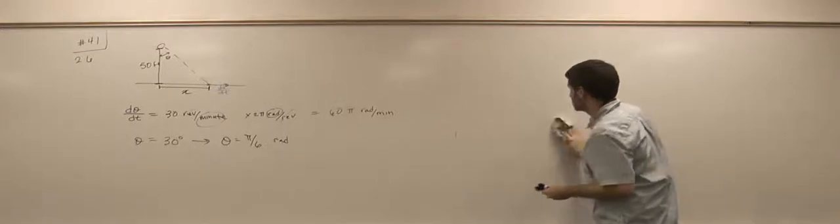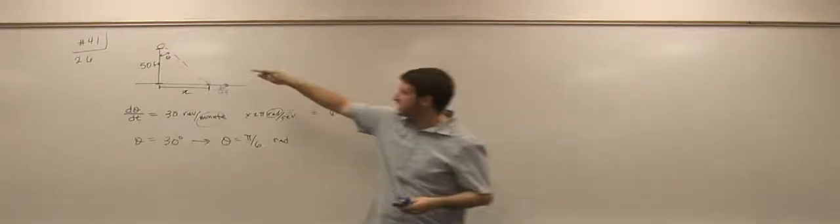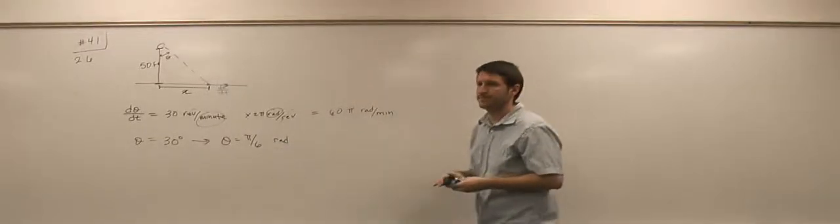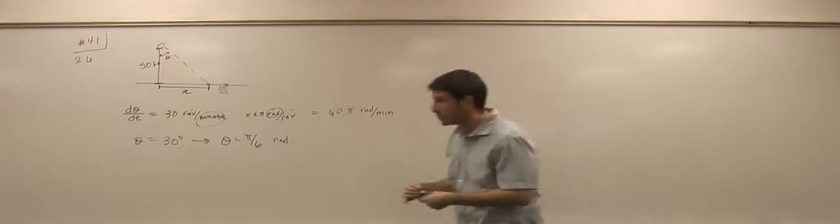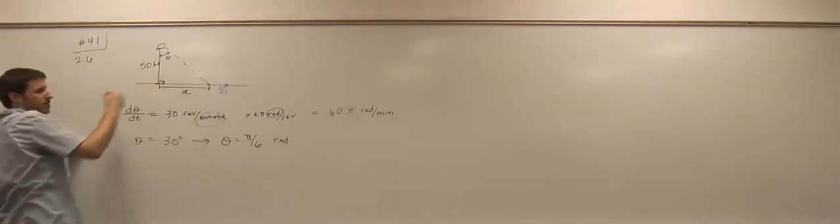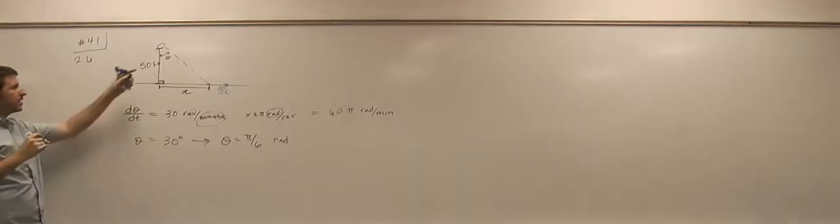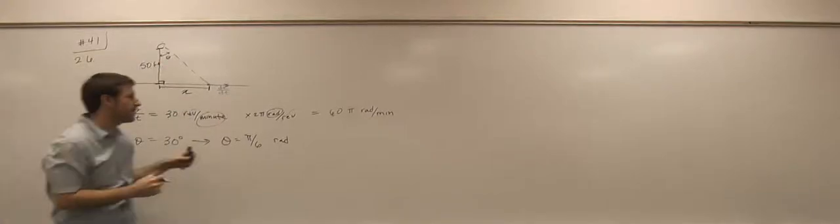What do you think the formula should be? What relates x and θ in this picture? What function? If this is a right triangle, which is the assumption because it says that this is perpendicular, then you have opposite, which you want to know something about, and adjacent, which you know something about.